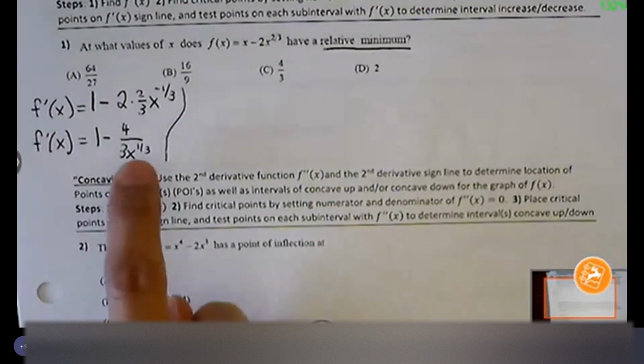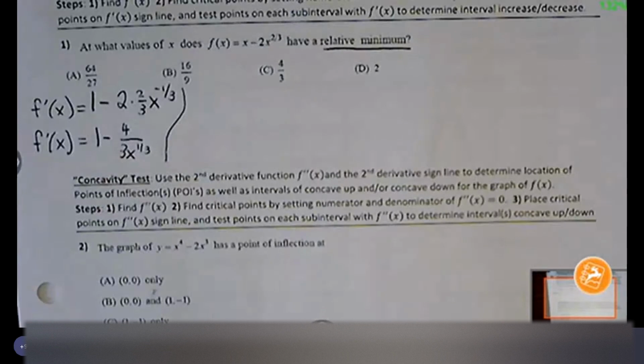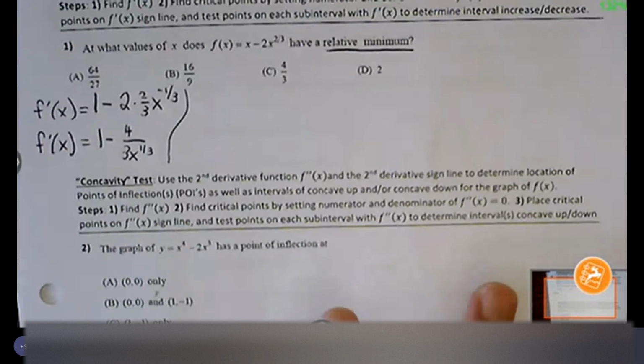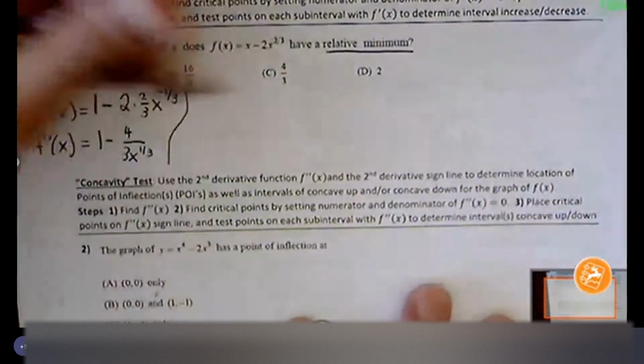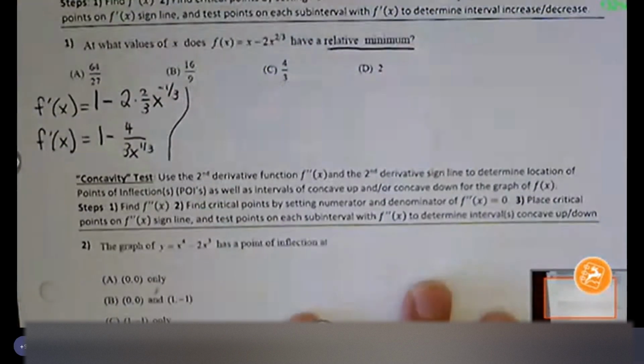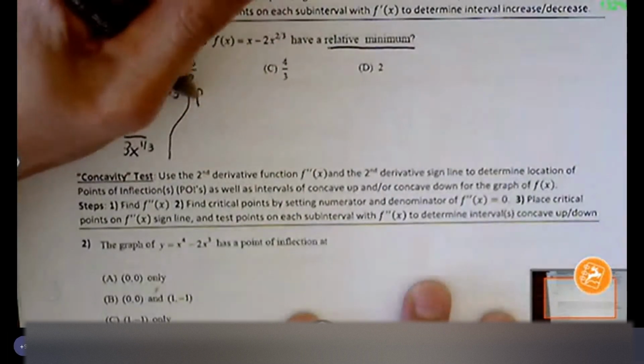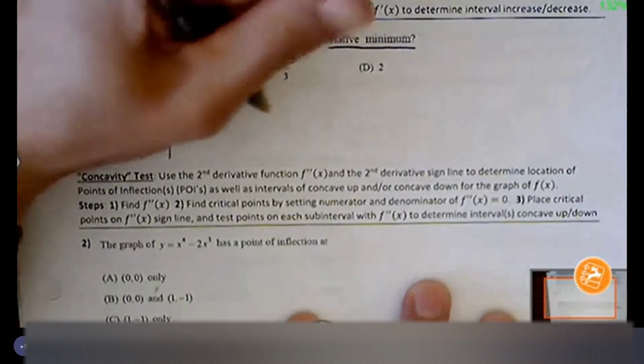Now notice I have some split fractions here, so if I find a common denominator, I'll have more clarity in terms of how to find my critical points. So I'm going to find a common denominator. My common denominator is going to be 3x to the 1/3.